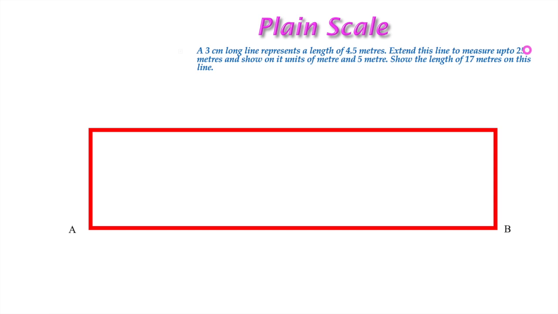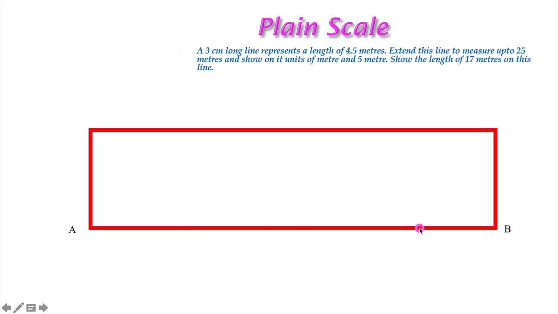Now if AB is 25 meters, then in the drawing what is the size we are getting from here? 4.5 meters equals 3 centimeters. Then 1 meter equals how many centimeters? And 25 meters equals how many centimeters? In this way, we will calculate the equivalent value of this 25 meters.